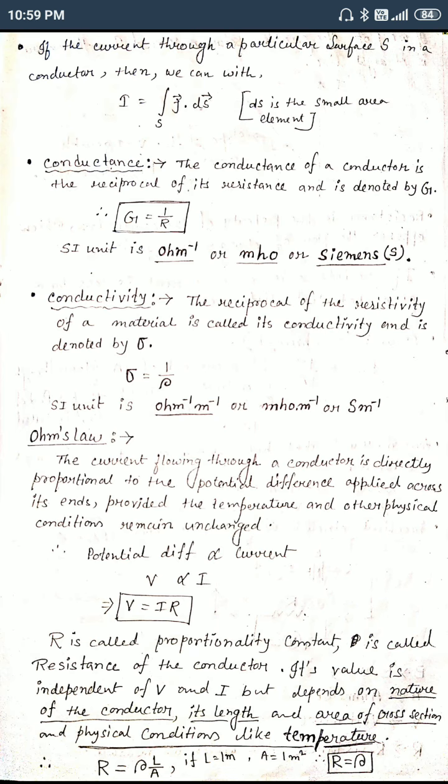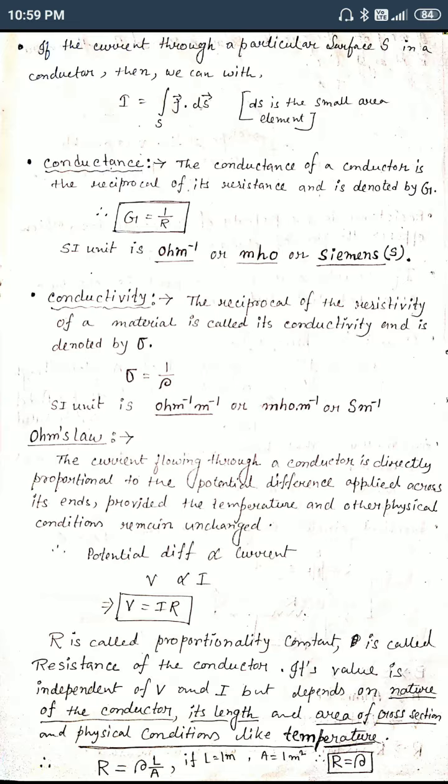Its SI unit is ohm inverse meter inverse, because the resistivity unit is ohm meter. So 1 by ohm meter means ohm inverse meter inverse, or mho per meter, or siemens meter to the power minus 1. Any one you can write.